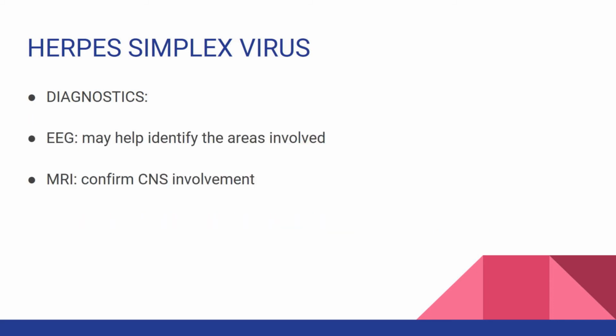Now, other diagnostic tests can also help you determine if there is CNS infection. EEG might be helpful. In older patients, if you do an EEG, most of the time you will have a positive result coming from the temporal lobes.